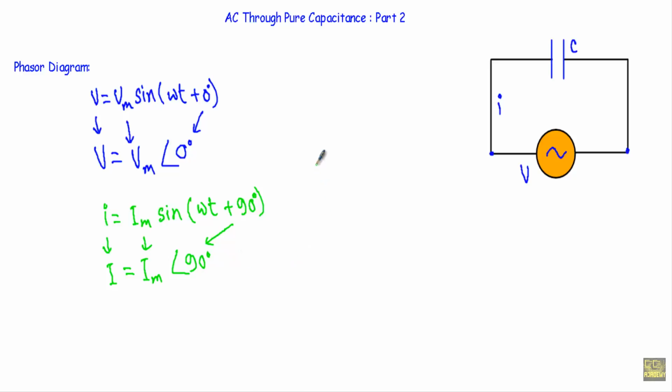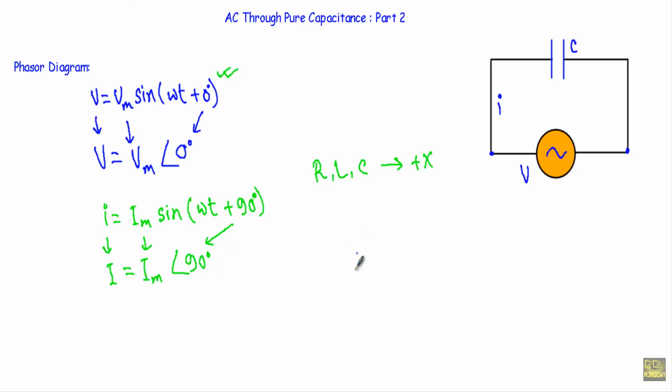When we have a pure resistor or inductor or capacitor in a circuit in which we apply this sinusoidal voltage, usually we take the positive x-axis as our reference. Therefore, if I want to draw the voltage phasor, it will have a magnitude of Vm and it will create 0 degree angle with the reference axis.